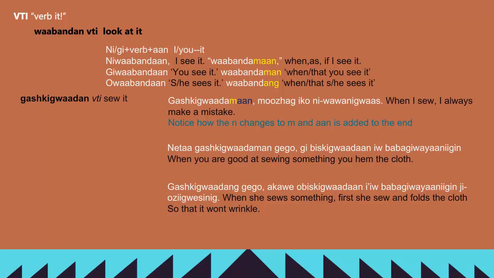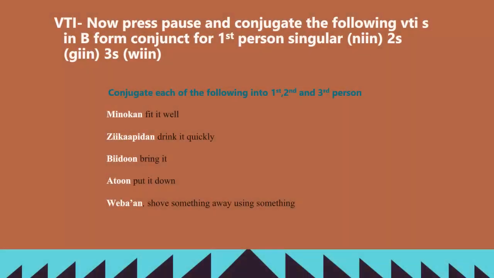Then you can read the next two sentence examples and see how there's conjugation there. Now you can try it and press pause if you want. You can write them down or you can say them out loud and conjugate the following verbs into first, second, and third person.